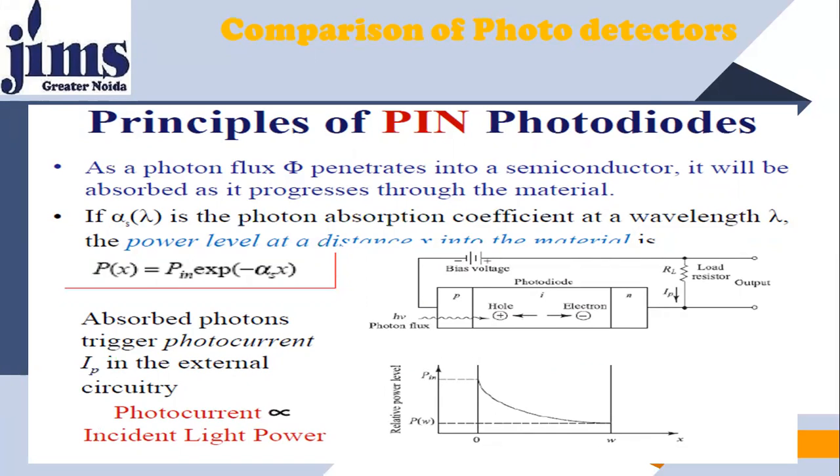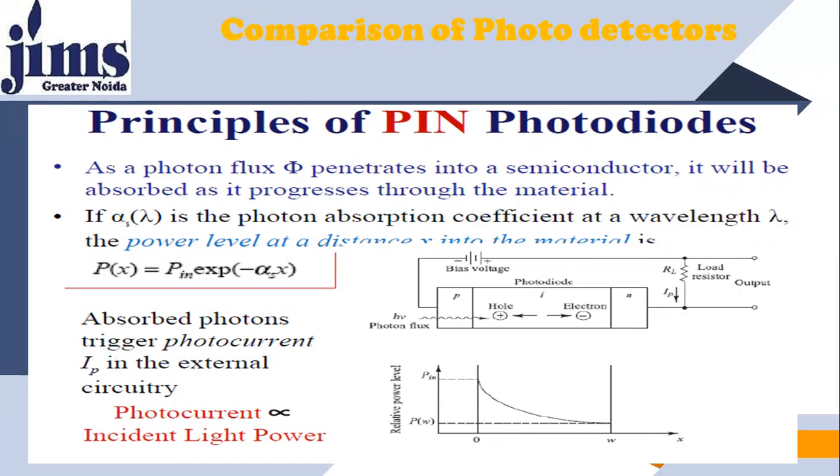So there are free electrons because of the absorption of photons. So there is a photocurrent, because free electrons always give you a current, and because the current is only because of photons, that's why we say that it's a photocurrent.